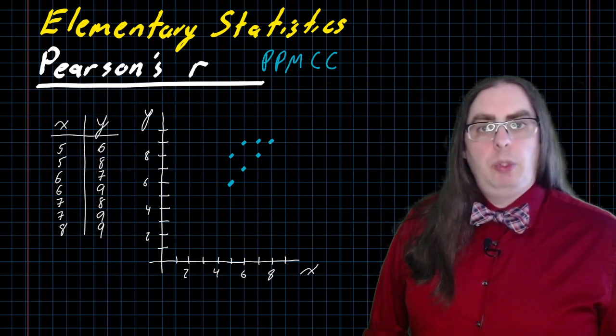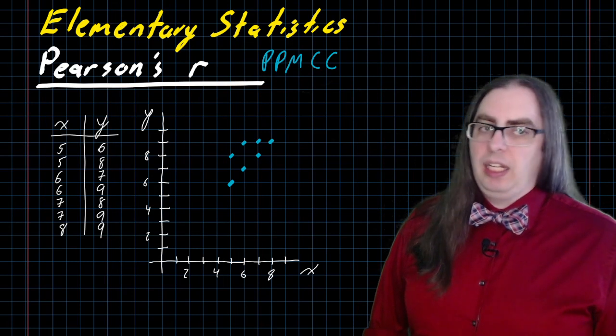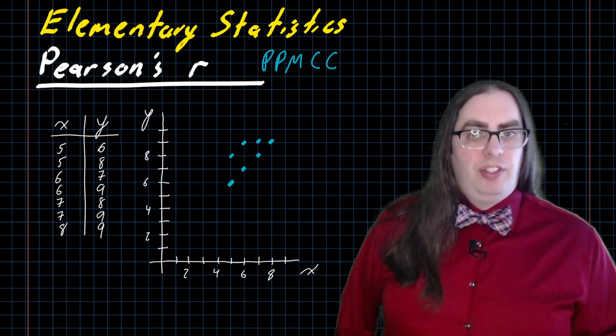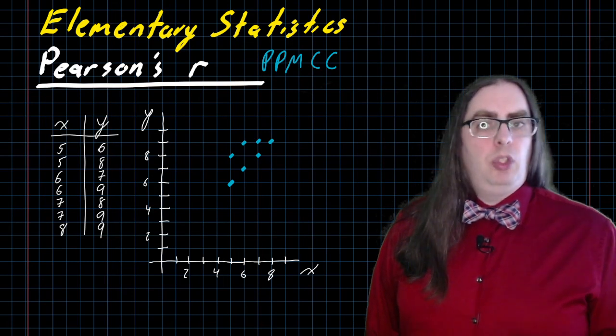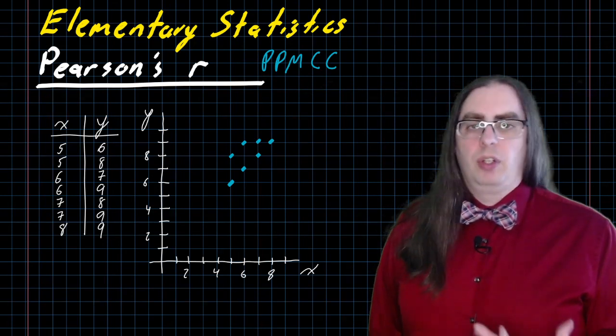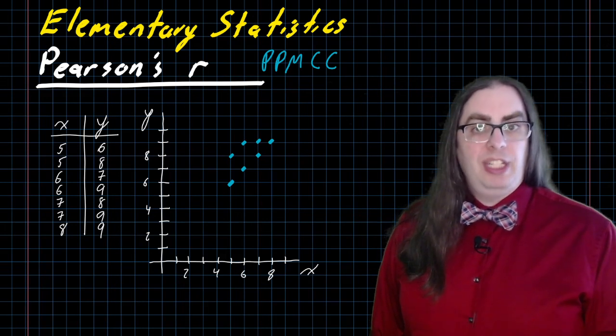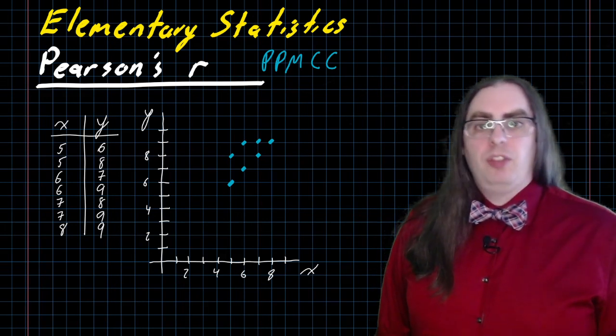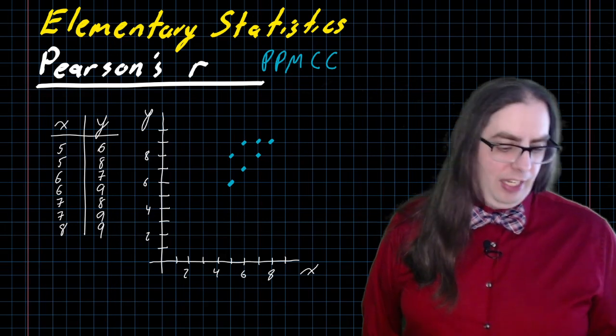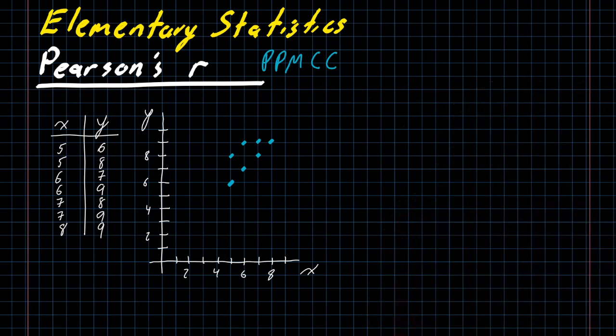And so the question we want to ask is, given this data, is the correlation statistically significant? Can we use it to perform hypothesis tests, or can we use it to perform predictions? We will answer that question by way of a hypothesis test. The null hypothesis is that the data is not correlated.